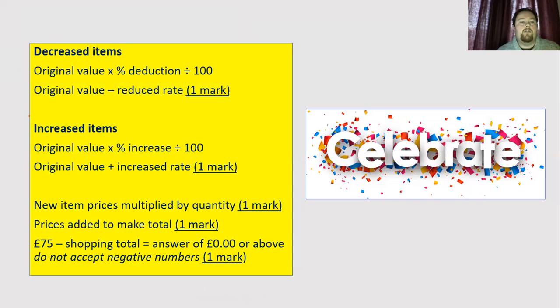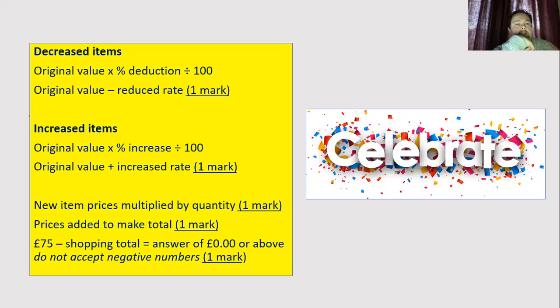Okay, how did you get on? So the marking criteria is as follows. Okay, so if you went through your shopping lists and you found the cost of decreased or reduced items by looking at the original value times the percentage it had been reduced by, then divide it by 100.